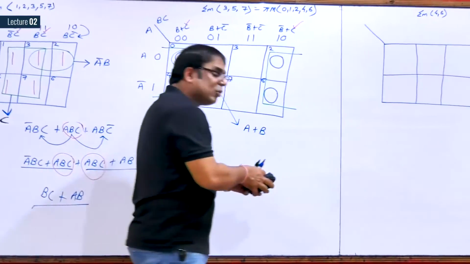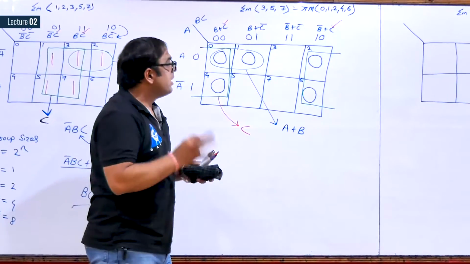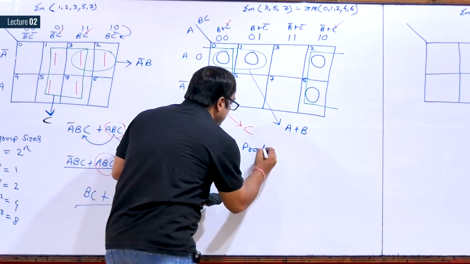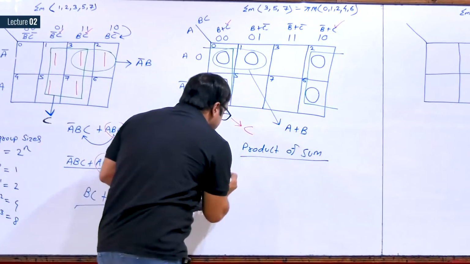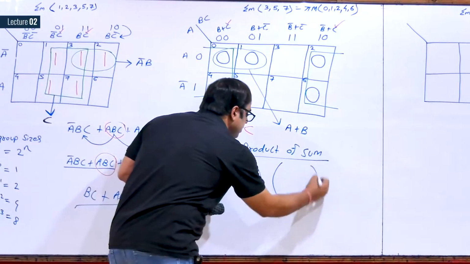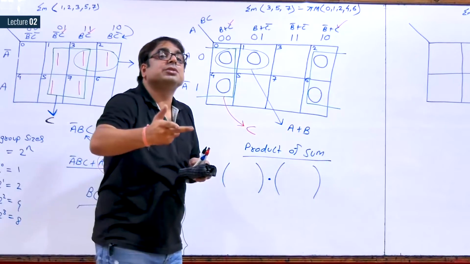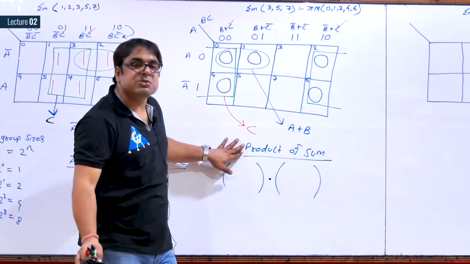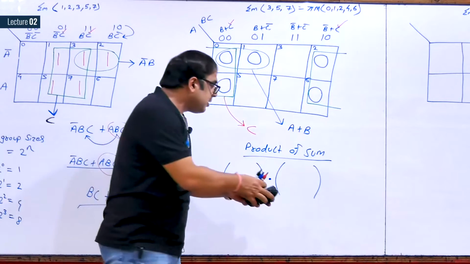Okay, so I have not completed yet, sorry. See, this is product of sum. Sum terms, I have to dot. Product of what? Product of sum. We are using POS now. This is sum term.